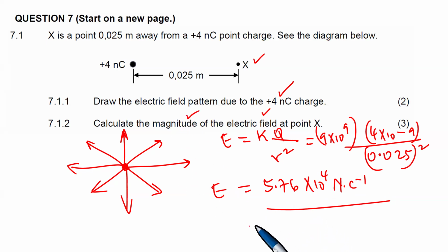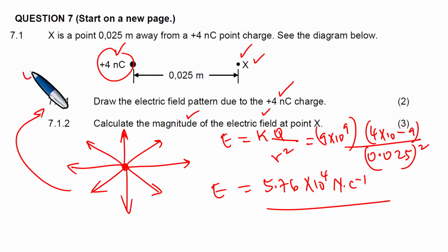This is the magnitude of the electric field at that point. We use E equals KQ over R squared, for the plus 4 nanocoulomb charge. Note that a nanocoulomb is 10 to the minus 9 coulombs, so 4 nanocoulombs is 4 times 10 to the minus 9 coulombs.